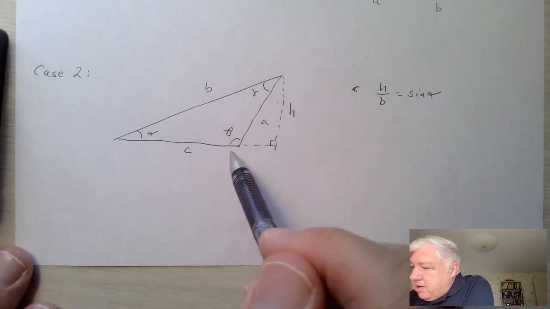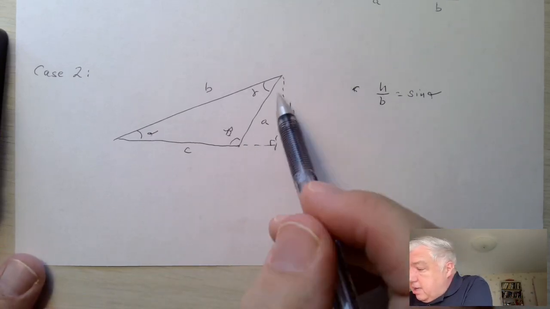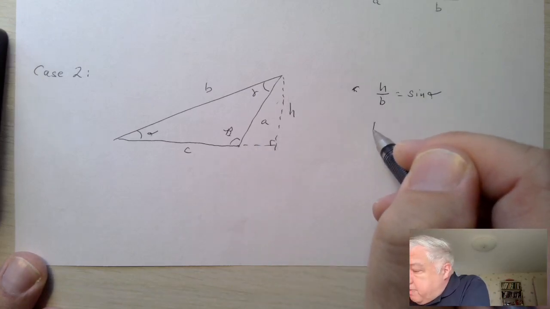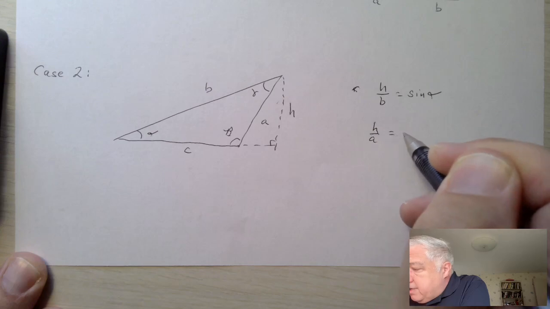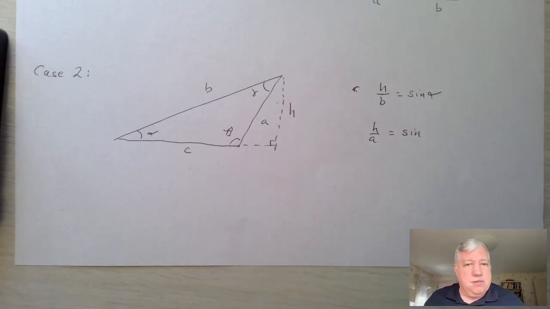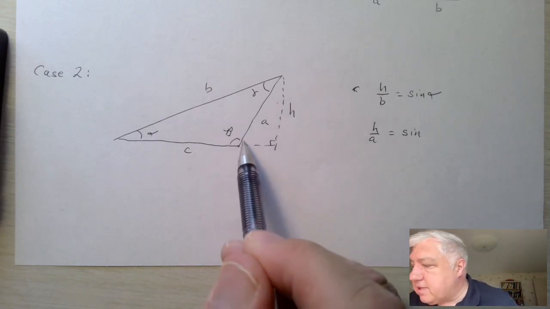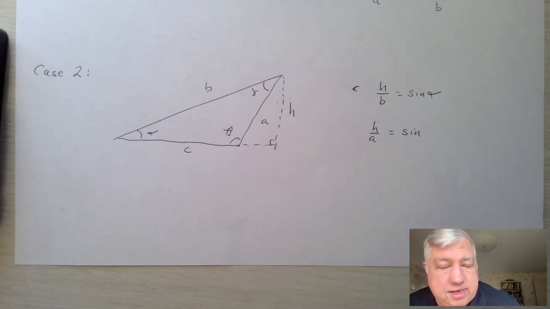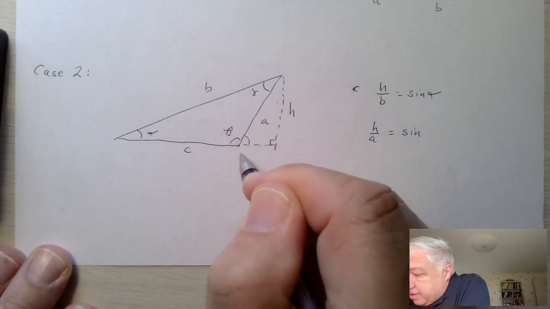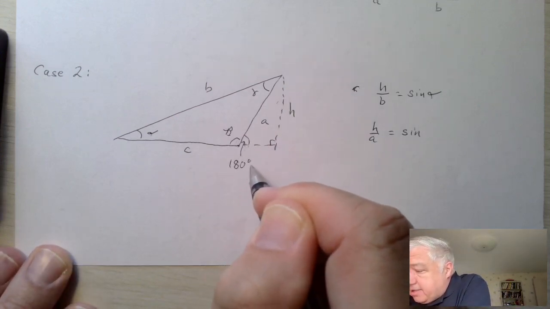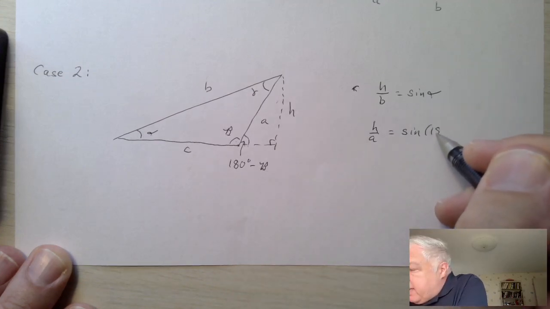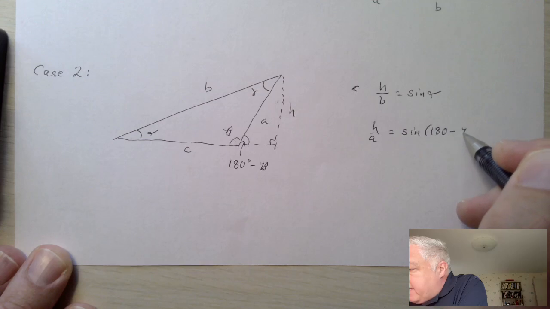Now if we look at this triangle here, A is the hypotenuse again, and H is this. So H over A is going to be the sine of, not beta, but what is this? This angle plus this angle has to be 180 degrees, right? So this angle right here is going to be 180 degrees minus beta. So this is going to be the sine of 180 minus beta.